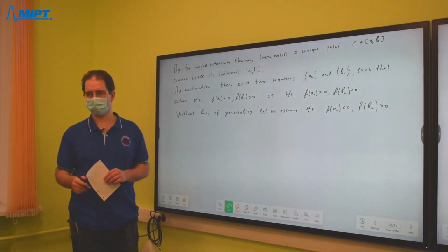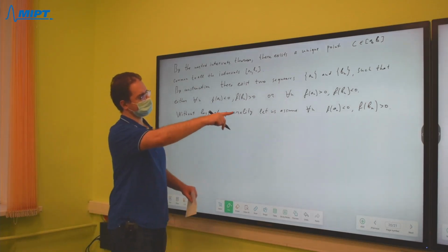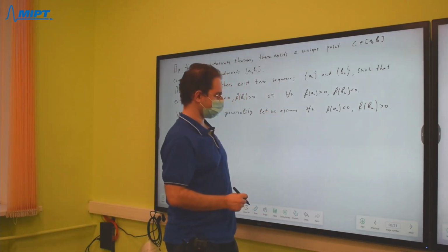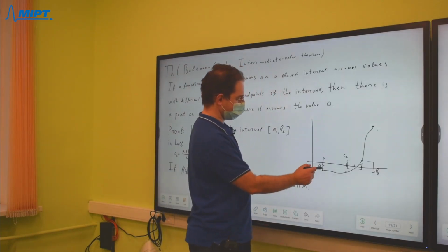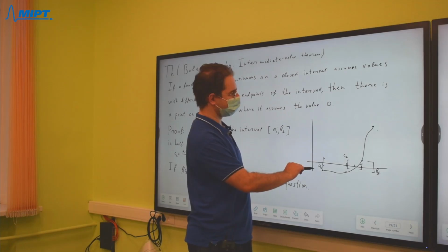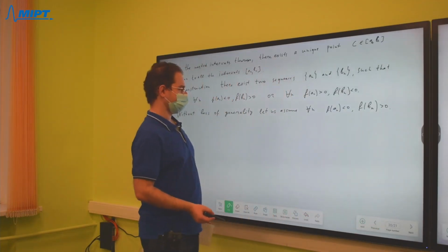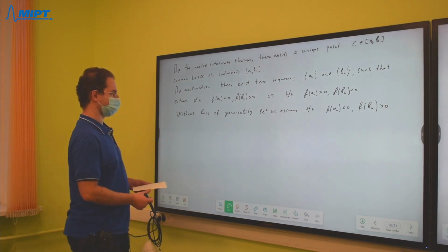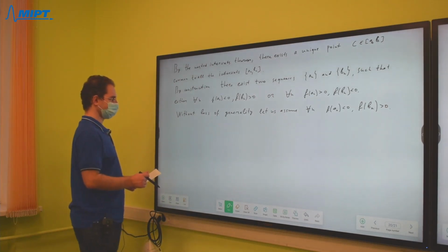A proof for the second case would be similar. So this is the case that I drew on the picture before, over here. On the left points we have negative values, and on the right points we have positive values. Okay. Good enough.